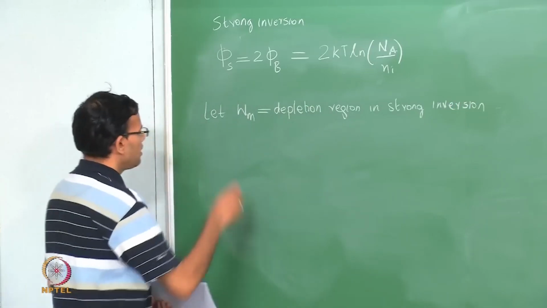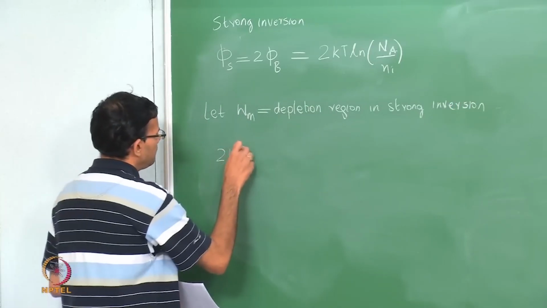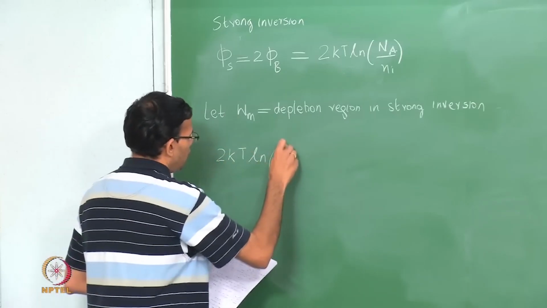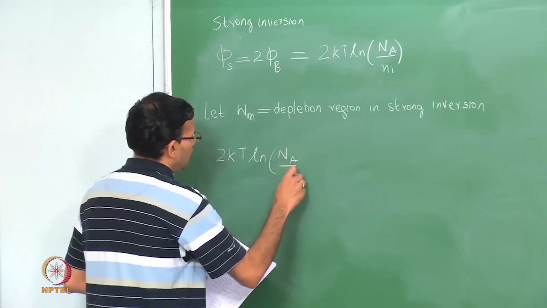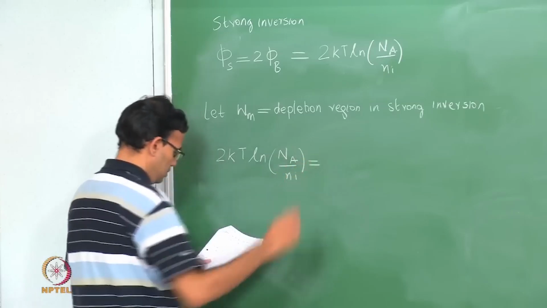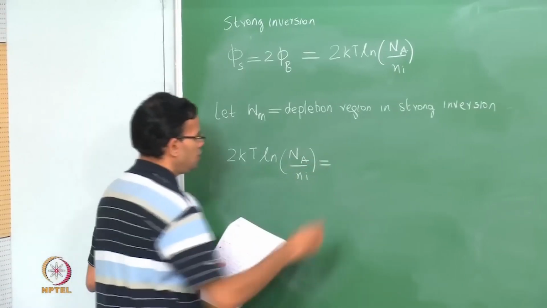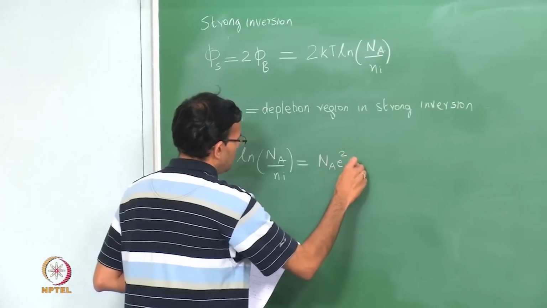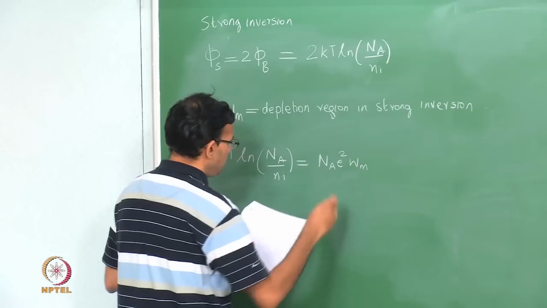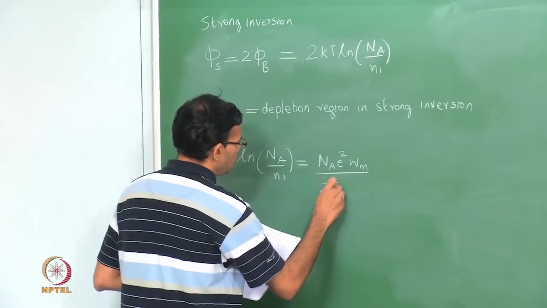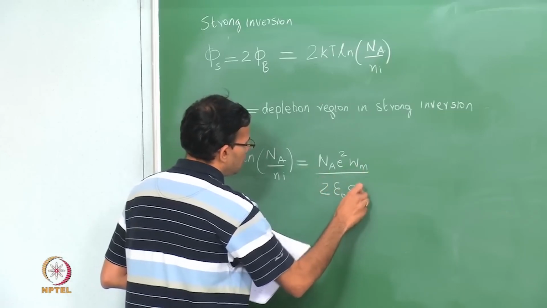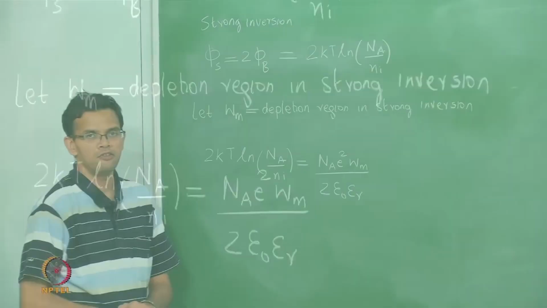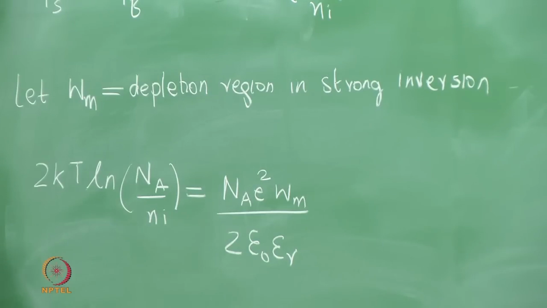So, in this particular case 2 kT ln of Na over Ni is related to Na E square Wm over 2 epsilon naught r, where epsilon naught r is the relative permittivity of your semiconductor.